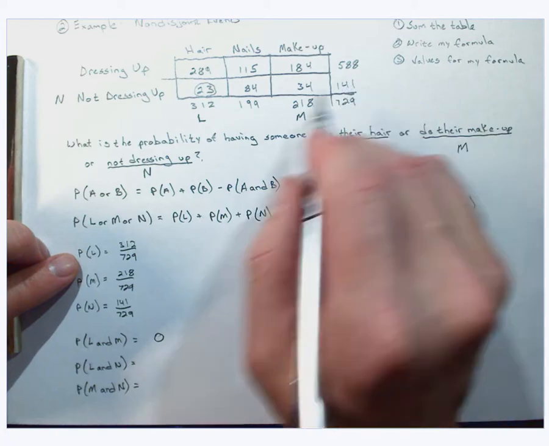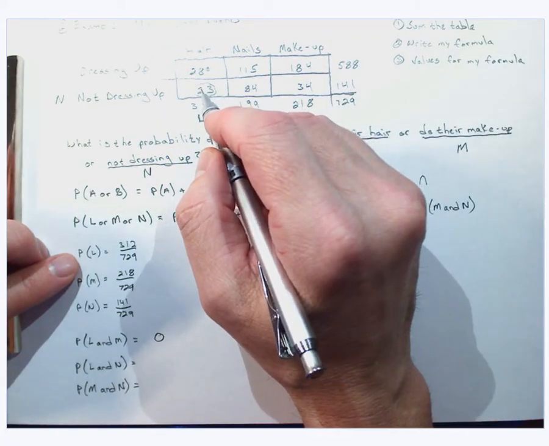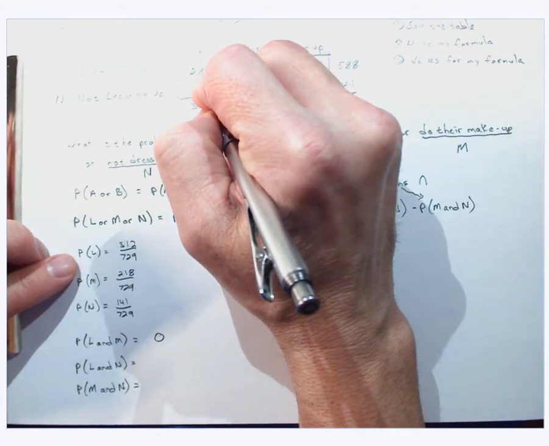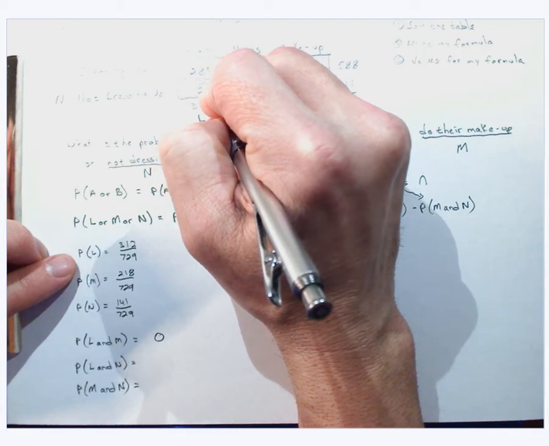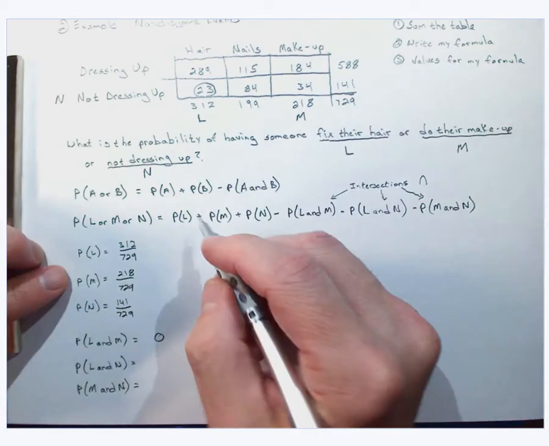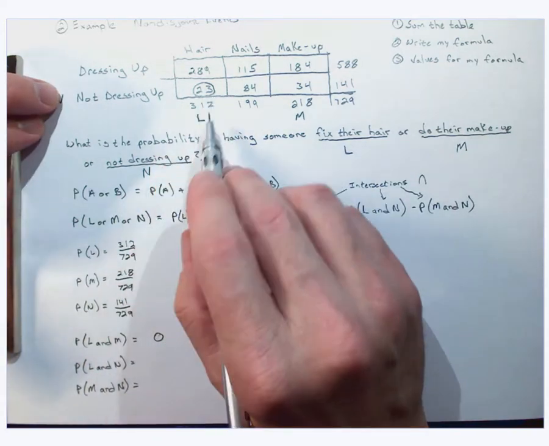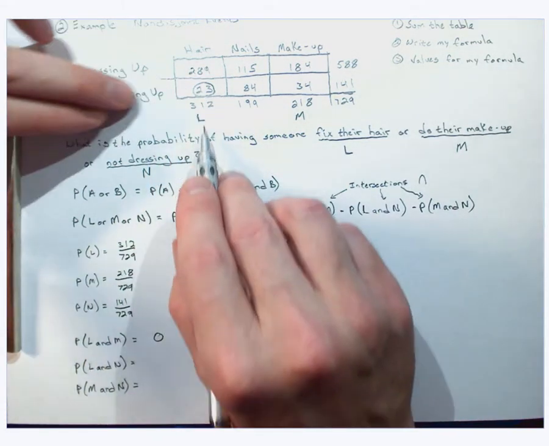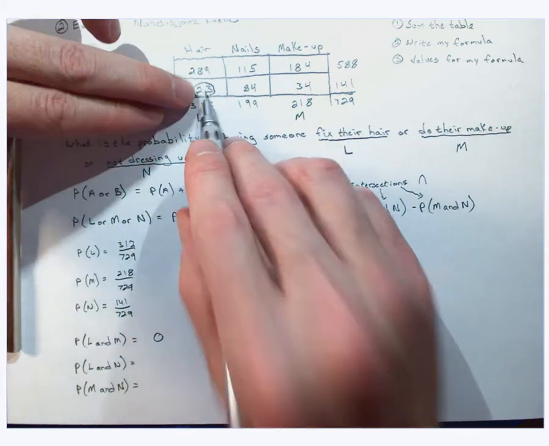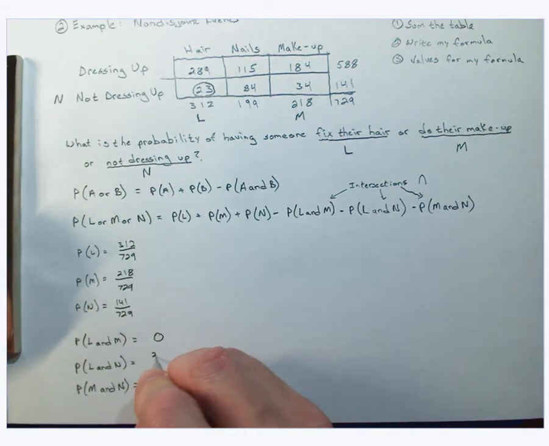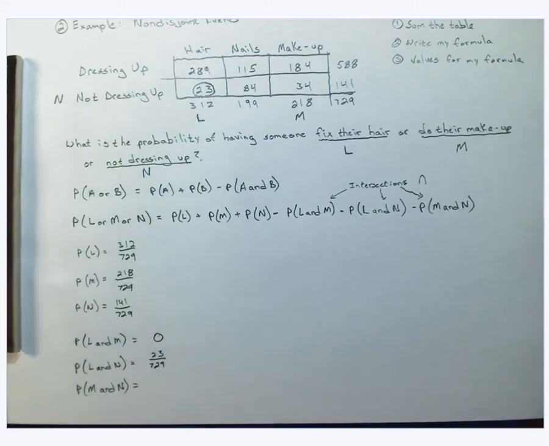Yes. So that is why I've counted the value 23 twice. That's why I will end up removing it once. So that right there is the intersection of L and N. See, they intersect there. So 23 over 729.